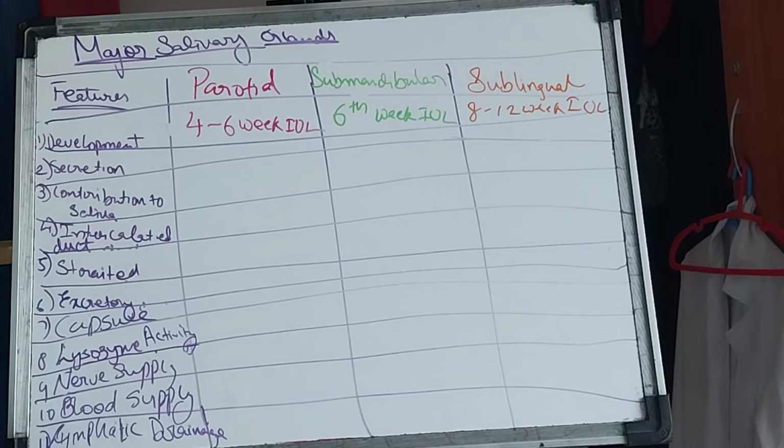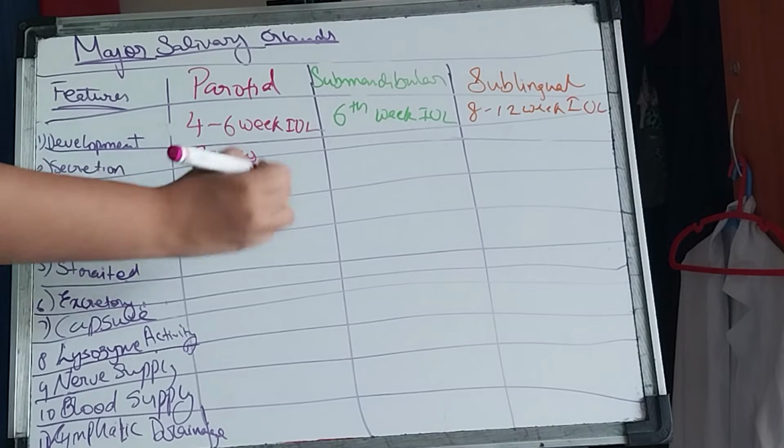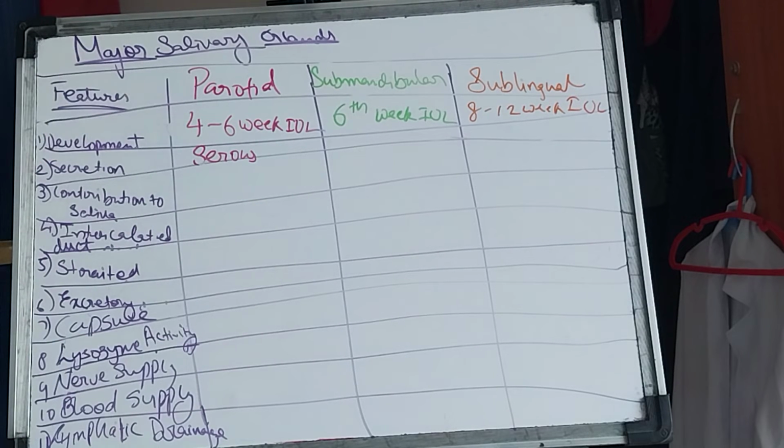Then the secretion of the parotid gland, as I had told you in the classification also, in the examples. What kind of secretion does the parotid gland do? It does a serous type of secretion.